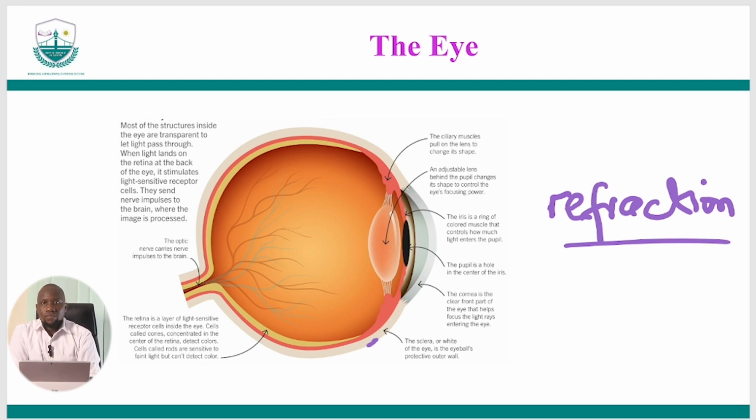Of course, you already know the definition for receptors. Receptors help in detecting stimuli, and convert the stimuli into electrical impulses that can now be transmitted to the brain. We already know that we have different types of receptors.